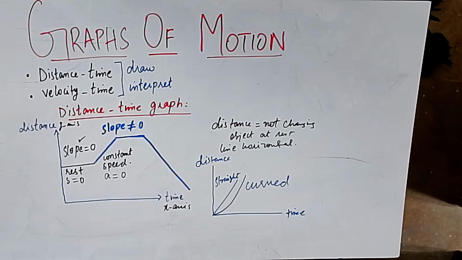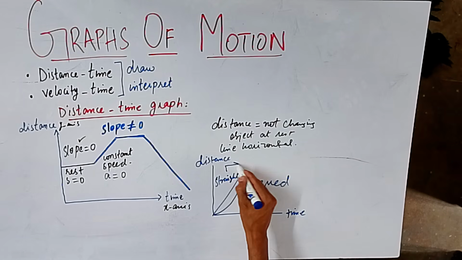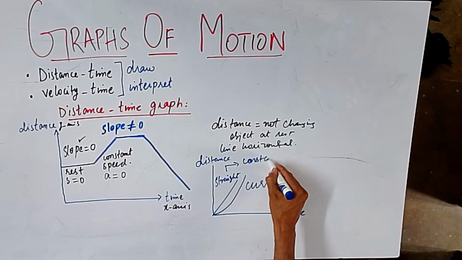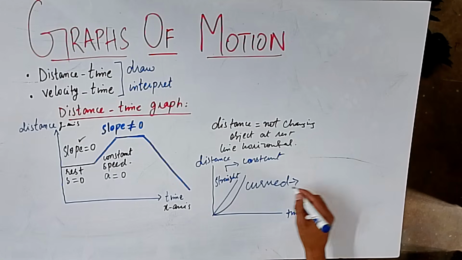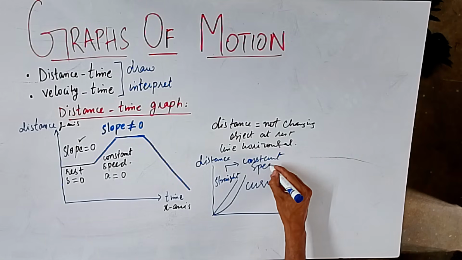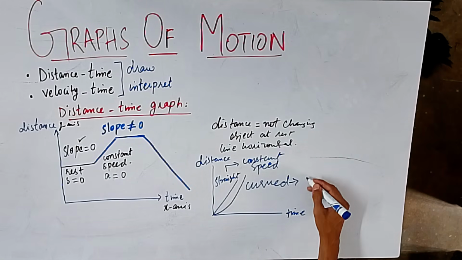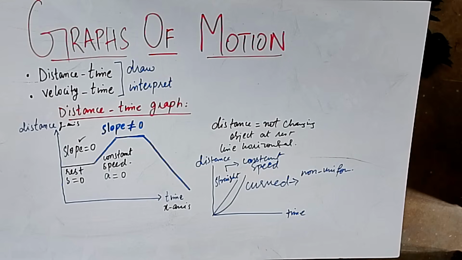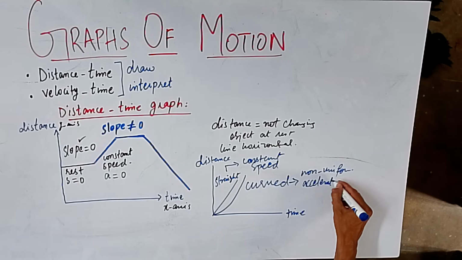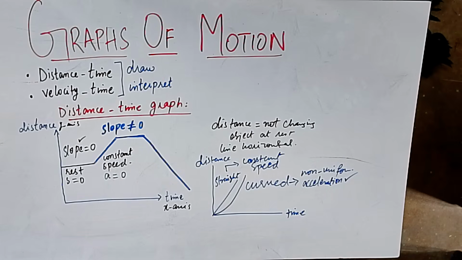So whenever you have a straight line, it indicates that the speed is constant, as we have already seen in this graph. But whenever you have a curved line, it means that the speed is not constant, it is non-uniform. Means there will be some acceleration.